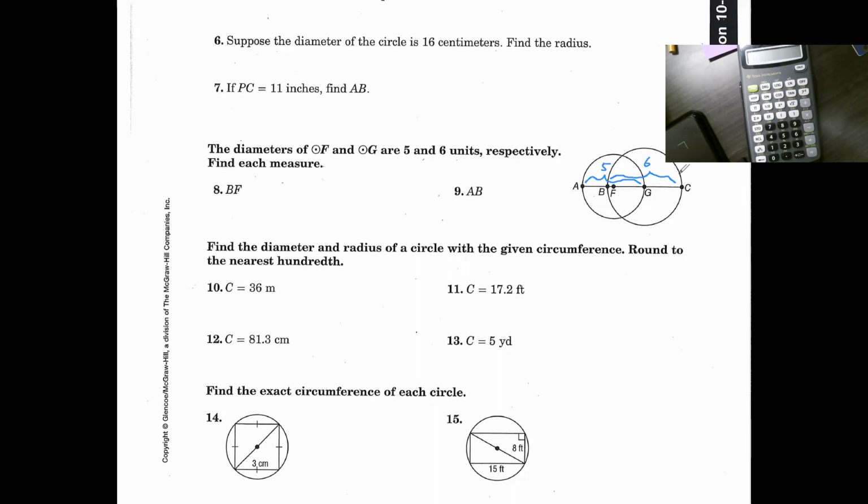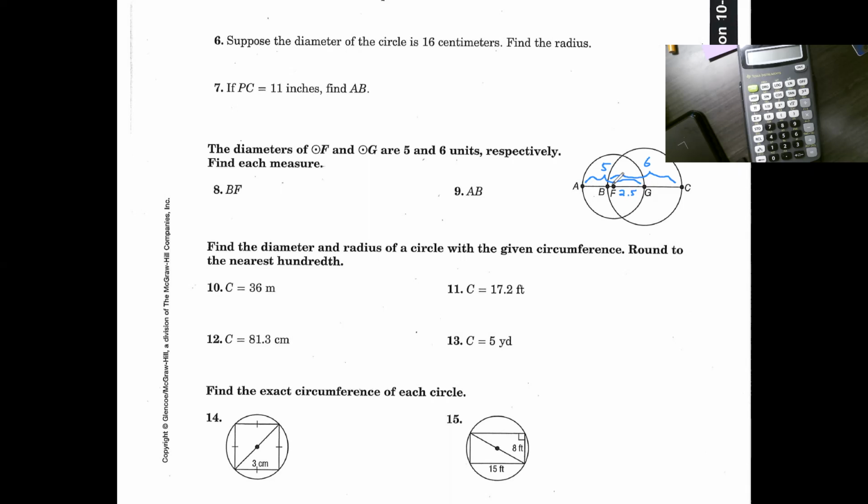So, well, if that entire length is 5, what's the radius of that smaller circle for circle F? What's the radius of circle F? So if the diameter is 5, the radius has to be what compared to the diameter? Half. So if this is 5, that's going to be 2.5. So this piece here from F to G has to be 2.5.